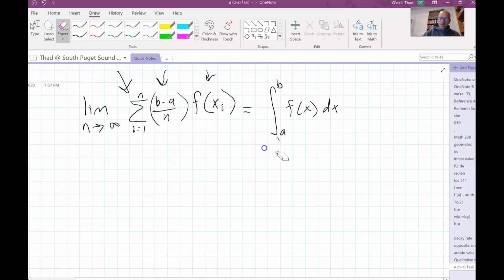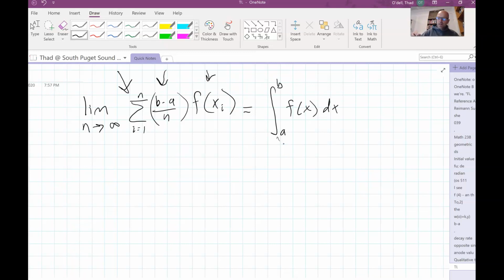Okay? And notice the things that match up. The way we find the width of a rectangle is b minus a over n. And notice these are what are called the limits of integration. You've got the b on top and the a on the bottom. So a is the left side of the interval that we're dealing with, and b is the right side of the interval we're dealing with.